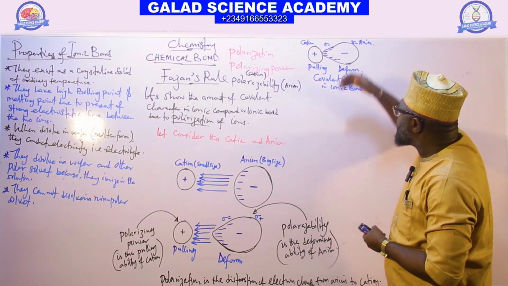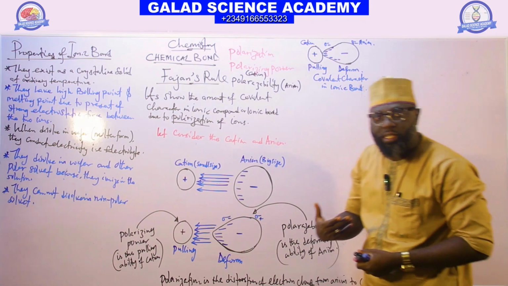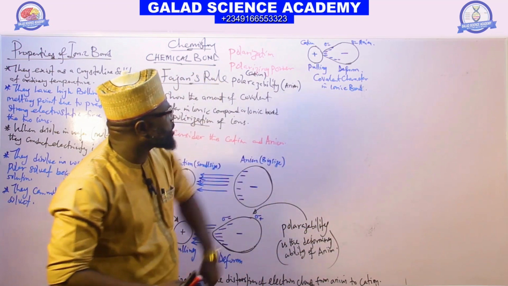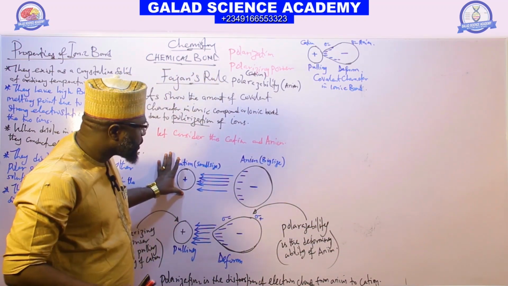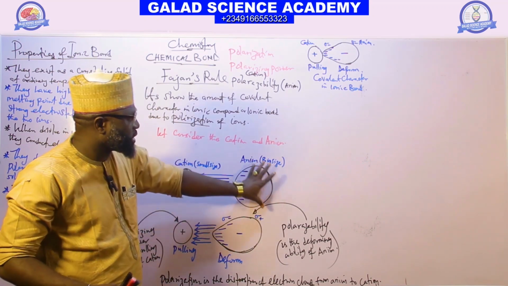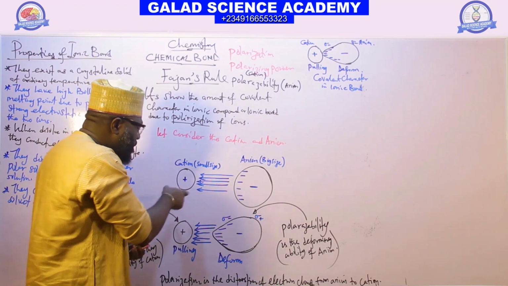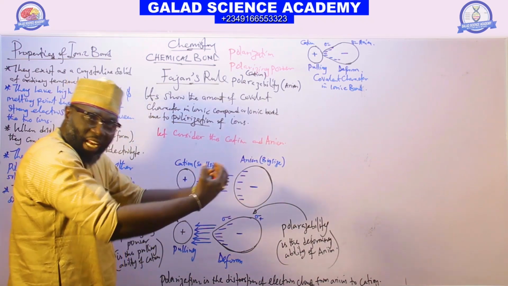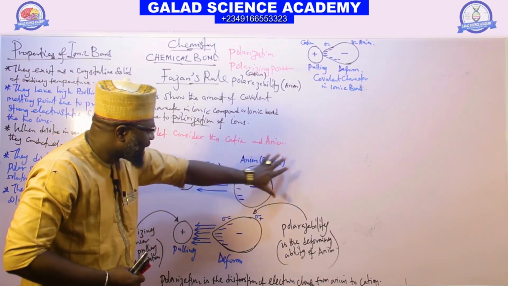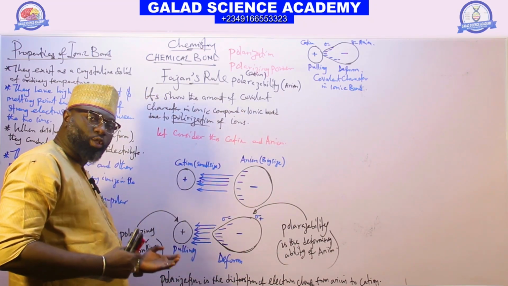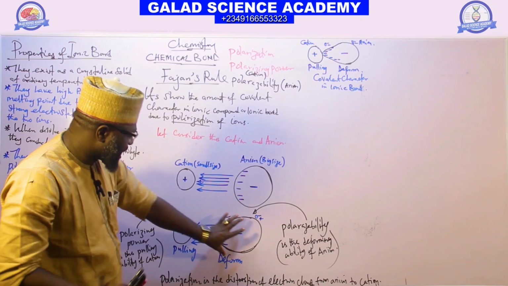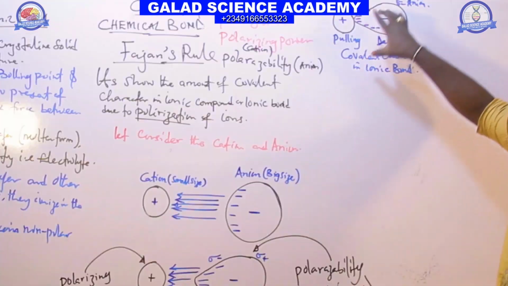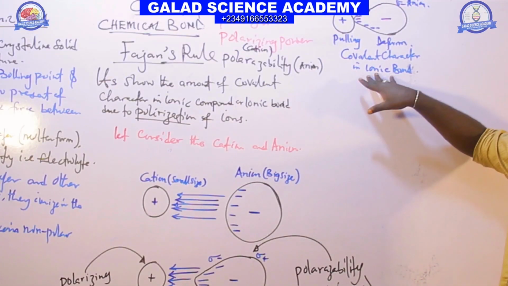Because only the covalent bond always experiences the sharing of electrons. But through the process of polarization that occurs between a small cation and a large anion, the cation has the polarizing power to attract the electron cloud of the anion, and the anion tries to deform in order to share this electron cloud with the cation.